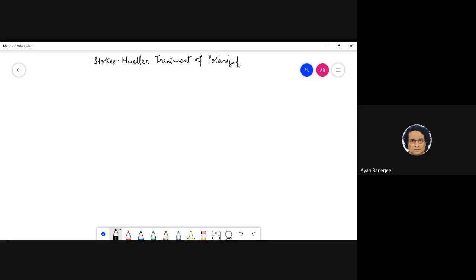Robert Gabriel Stokes actually developed this approach in 1852. This is much earlier than the pure state approach.